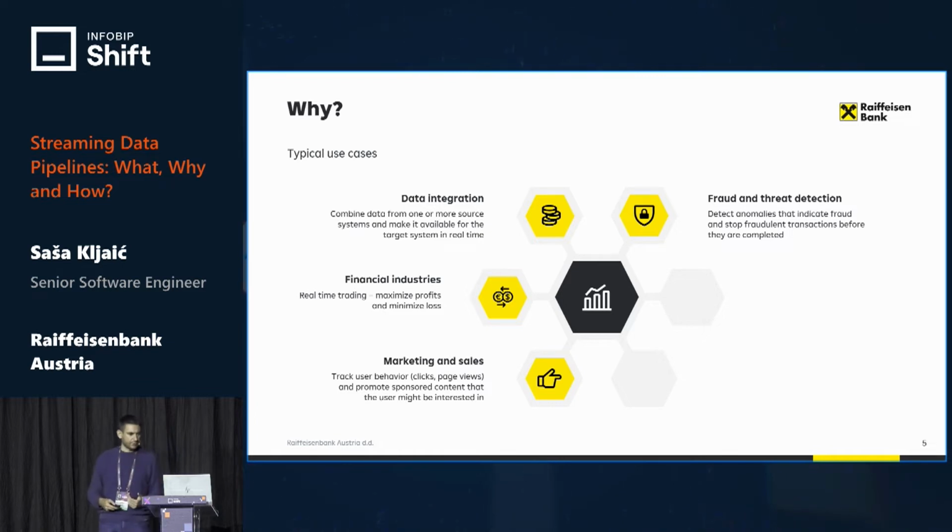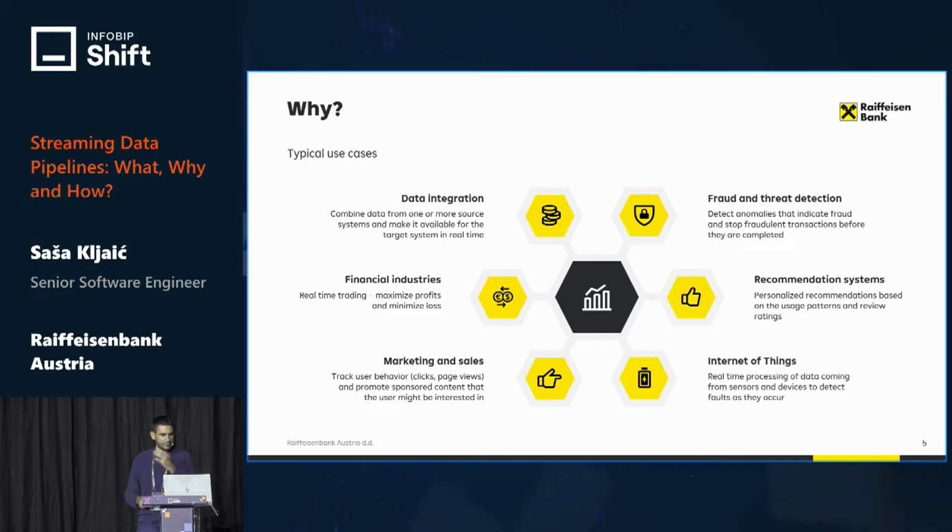Fraud and threat detection, where you want to detect anomalies in real time, and you want to stop a fraudulent transaction before it is completed. Recommendation systems. Internet of Things, where you receive a large number of events from your sensors and devices, and you want to detect faults as they occur.